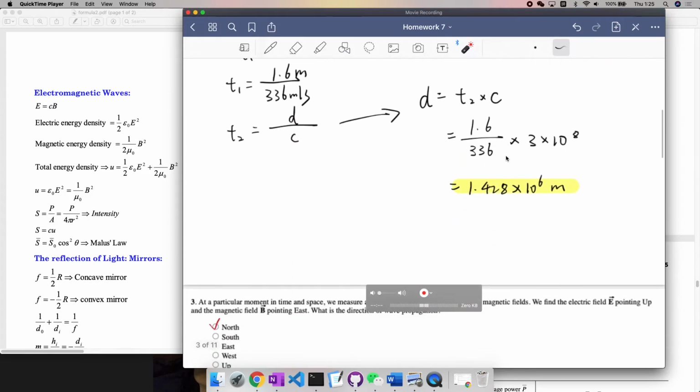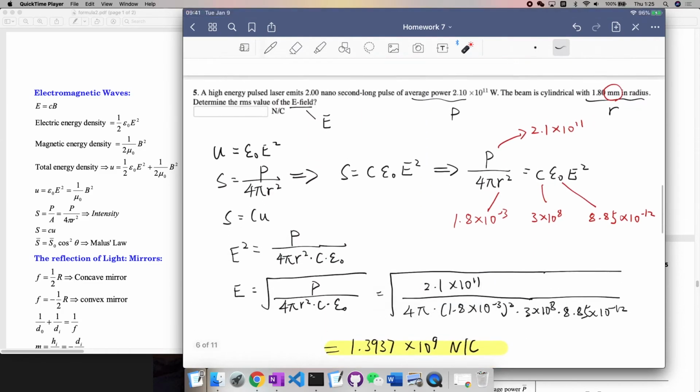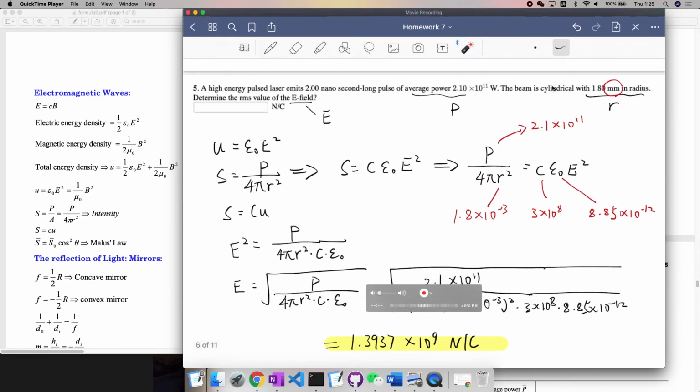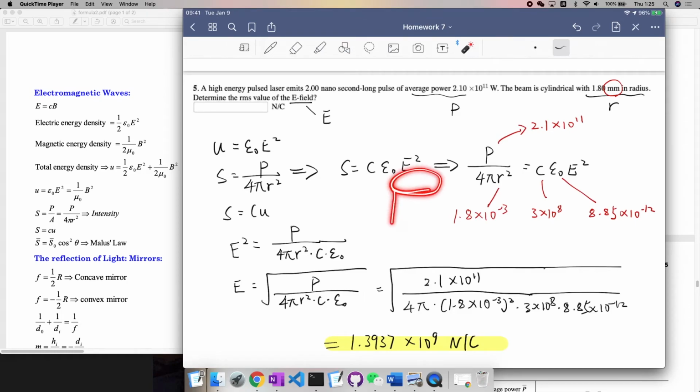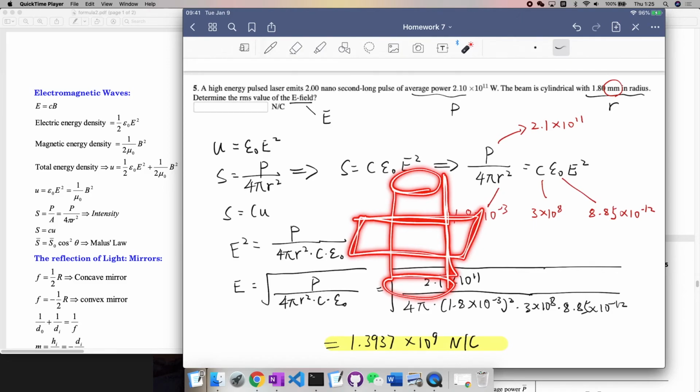And when you look at question 5, it says the beam is cylindrical. So you know that this is not a sphere. The perpendicular area of the wave is just a circle, so the area should be pi r squared.